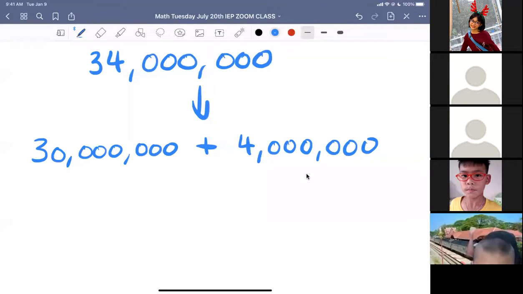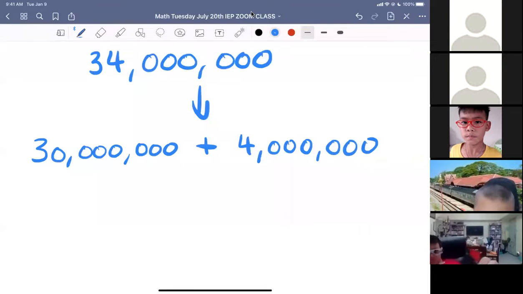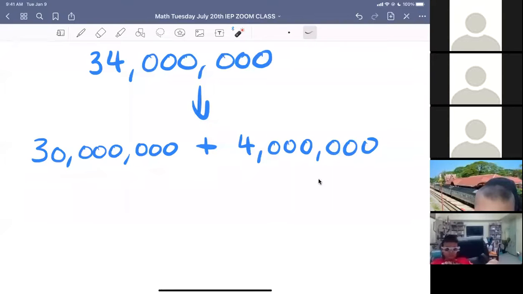So I have to write it like that. That's the correct way to write it. 34 million is the same as 30 million plus 4 million.